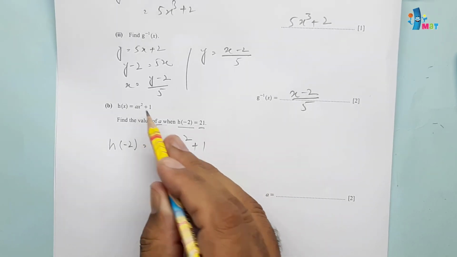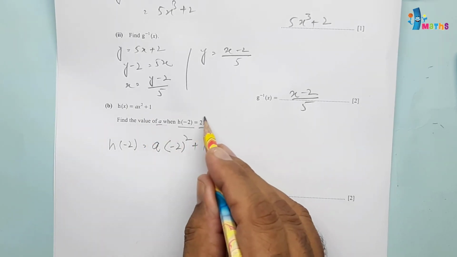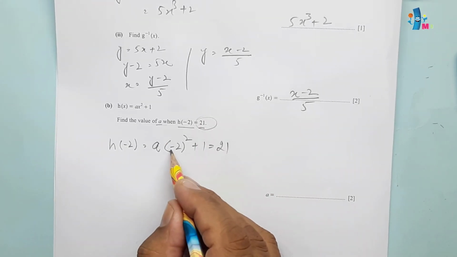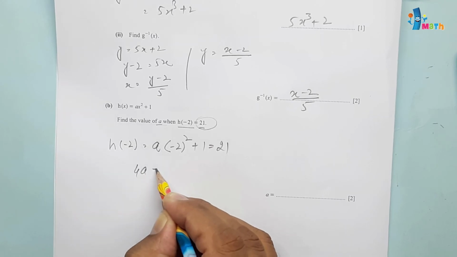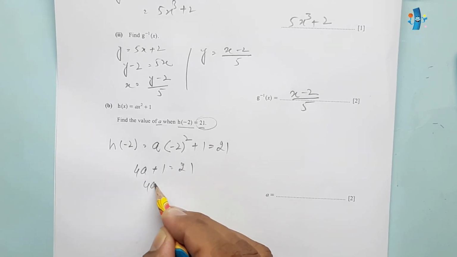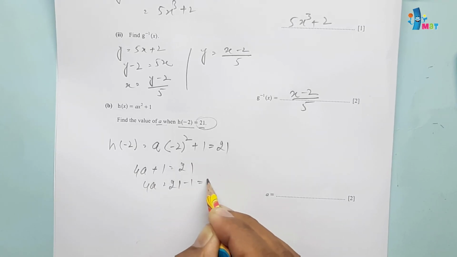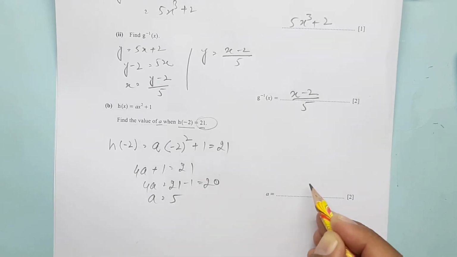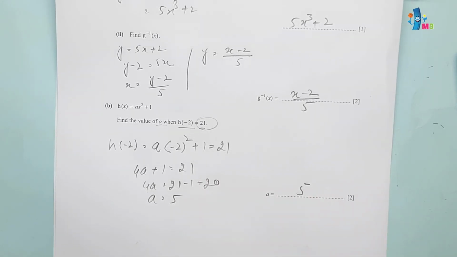We have replaced x by minus 2, and it's given that this is equal to 21. So this will be 4a plus 1 is equal to 21. 1 we can shift to other sides. 4a is equal to 21 minus 1, which is equal to 20. So it means a is equal to 5.